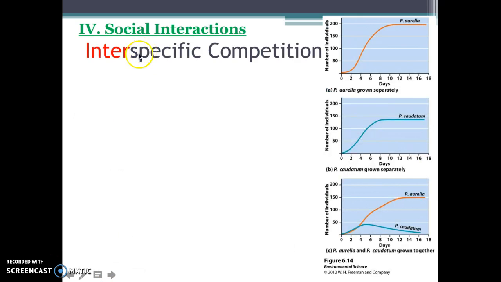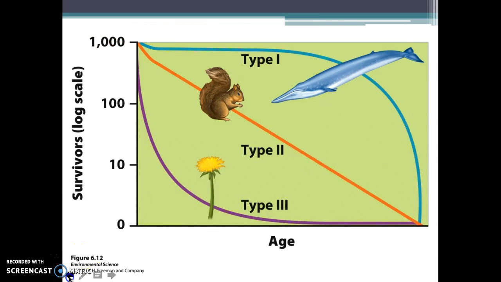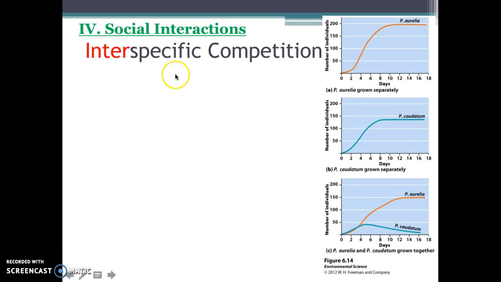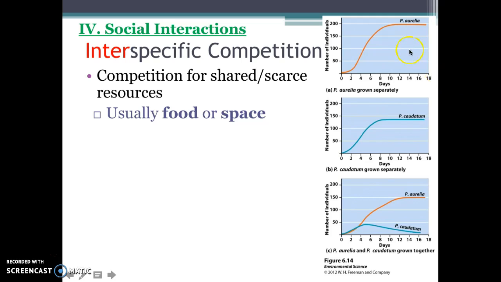All right, so we've got social interactions. I believe that's our next. Yeah, that's our next Roman numeral, social interactions. We've got something called interspecific competition. And if you look at these graphs over here on the right, you've got this little bacteria over here, and you've got this little bacteria over here, and then we are growing them together.